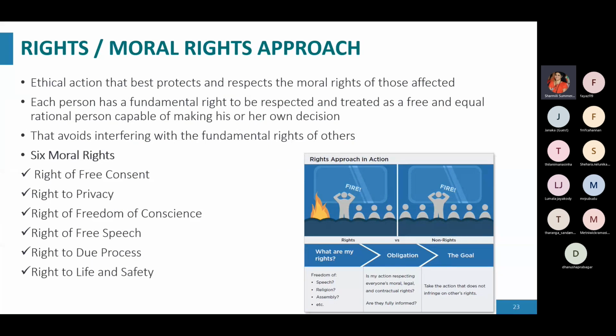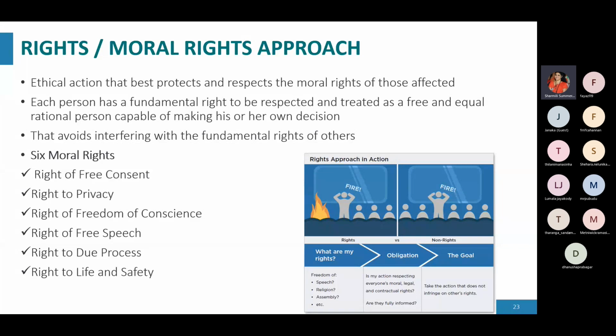From the term you can identify that the ethical actions, the decisions that we are making, should protect and respect the rights of the people who are affected. Even when we take a decision against one affected person, we need to check whether the decision will protect and respect the moral rights of that particular person.